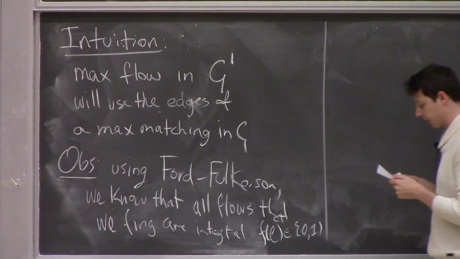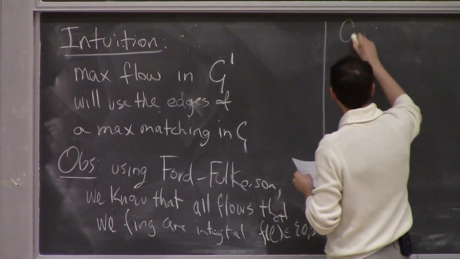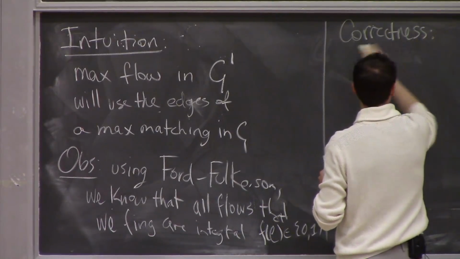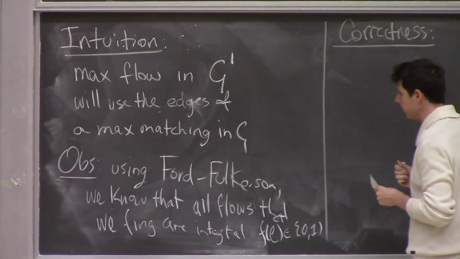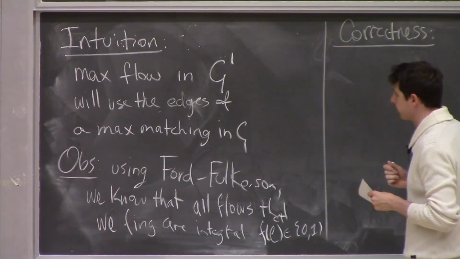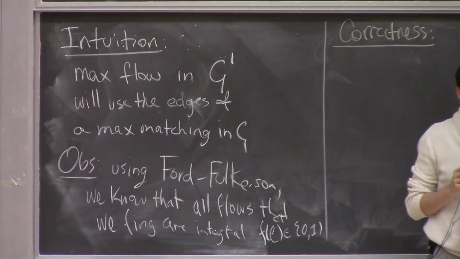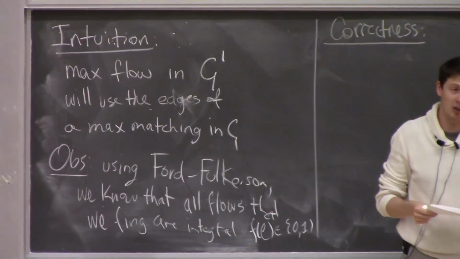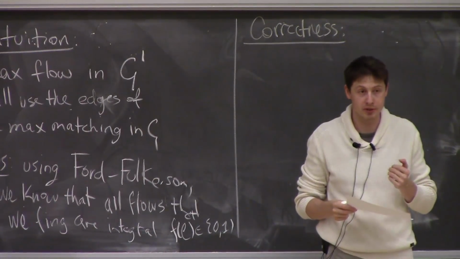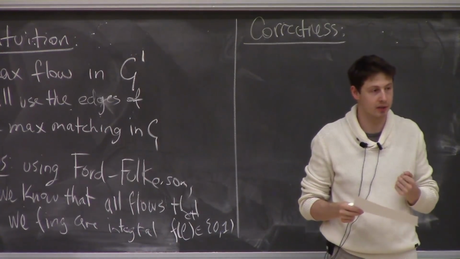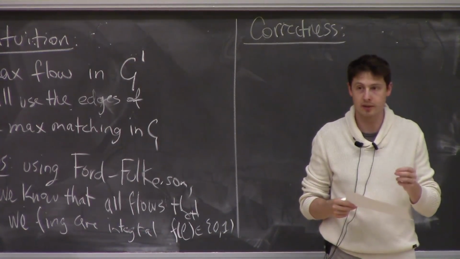Cool. So let's try to argue correctness of this algorithm. By the way, let me also ask. We find the maximum flow, right? We cannot output the maximum flow, so we have to post-process the solution, right? So how do we take the maximum flow and then extract the matching? Just want to make sure that's clear.